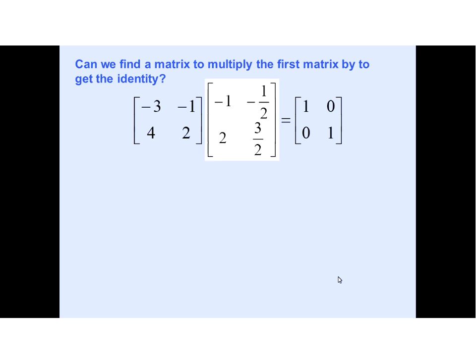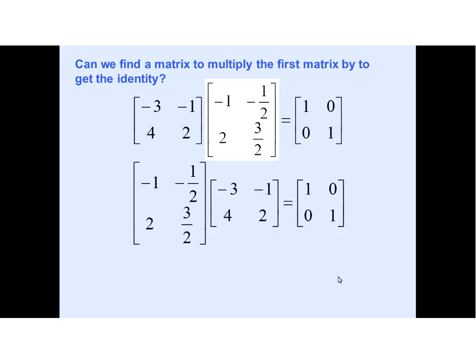So this is the answer. If we multiply with this and we get the identity matrix, either multiplying from the right hand side or from the left hand side, we get the identity matrix.